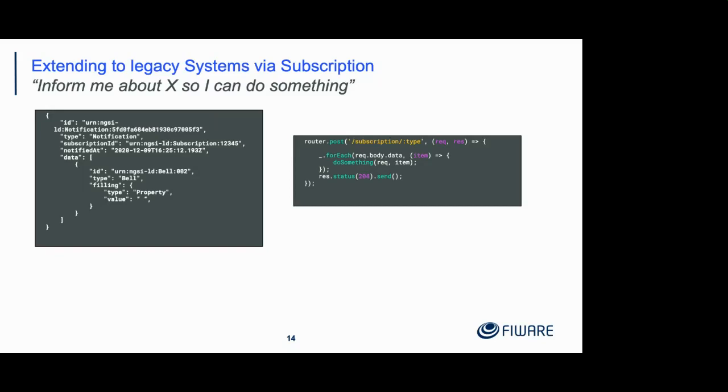So therefore, if you have set a subscription to an endpoint called blah blah blah type, I can iterate across the data in question, and I can in this case do something for each item.